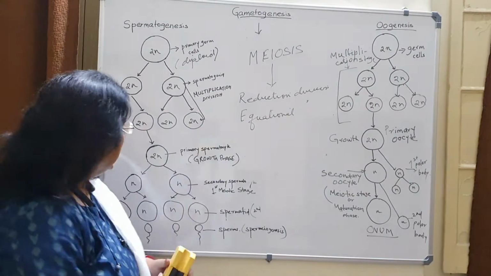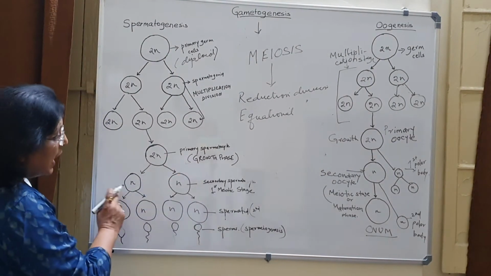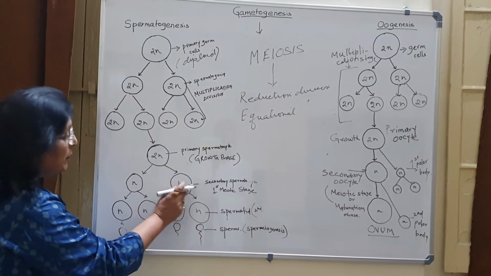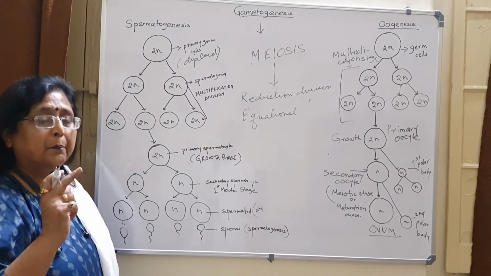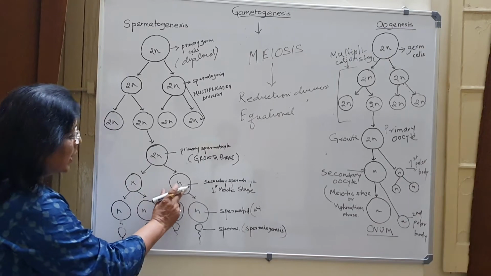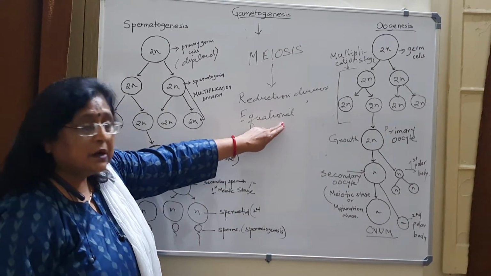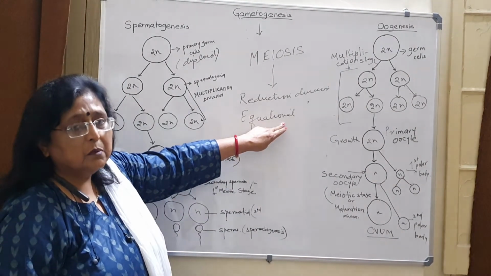In meiosis, the first stage is the reduction division, and the chromosome number is reduced to half in this division. As we can see here, the primary spermatocyte undergoes the first meiotic division and produces n number of chromosomes, which means the chromosome is now in a haploid condition. Now these haploid cells undergo the second division, the equational division, in which the number of chromosomes always remains the same.